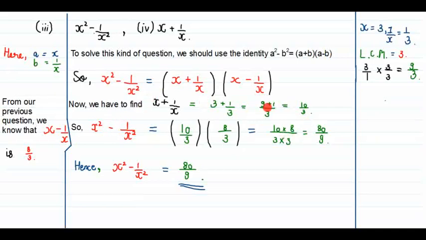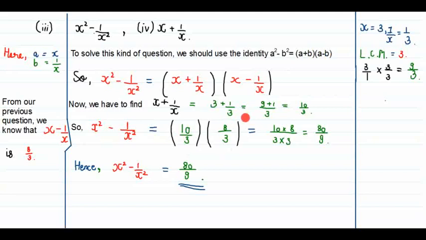So now we know the value of x plus 1 by x, and from our previous question we know the value of x minus 1 by x, which is 8 by 3. So x square minus 1 by x square will be equal to 10 by 3 multiplied by 8 by 3, because x plus 1 by x is 10 by 3 and x minus 1 by x is 8 by 3.